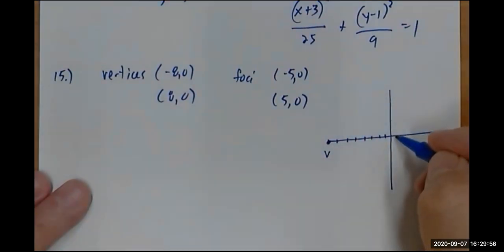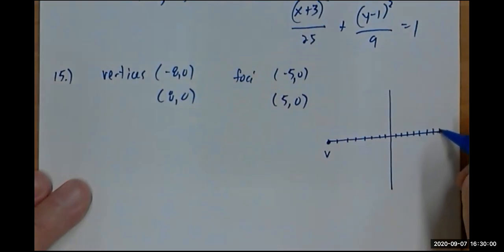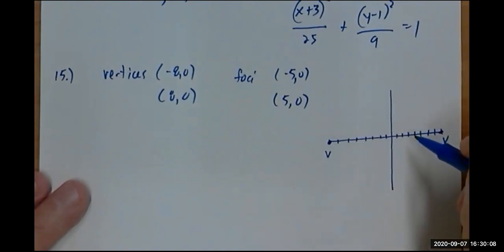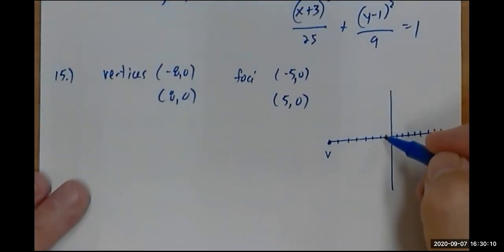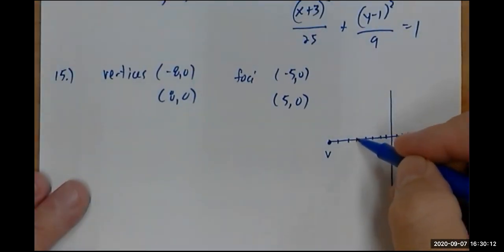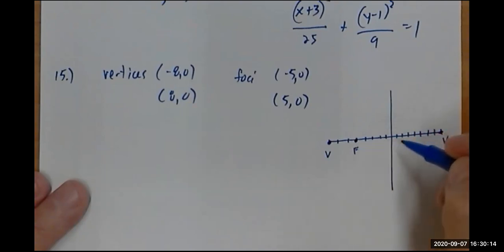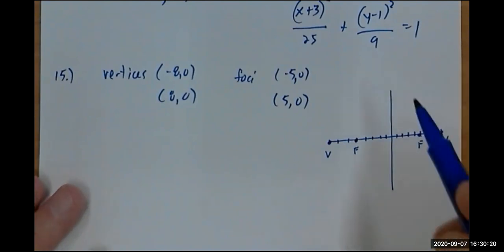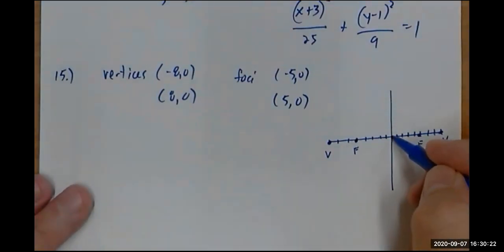And then 8, 0. So obviously, it's going to be a left or right ellipse. Foci are minus 5, 0 and 5, 0. So I know now the center is going to be at the origin.